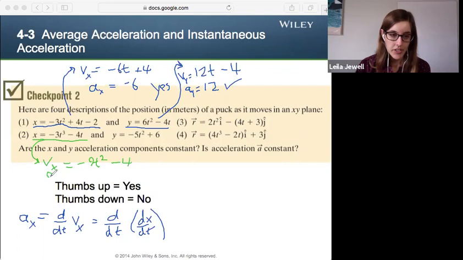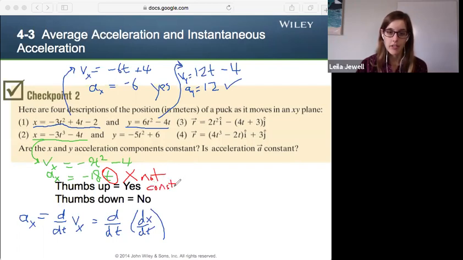But then when we take the second derivative to get to acceleration, we now have negative 18 times time. We now have time dependence. This is a problem. If there is time dependence, then it is not constant. It is changing as time passes.